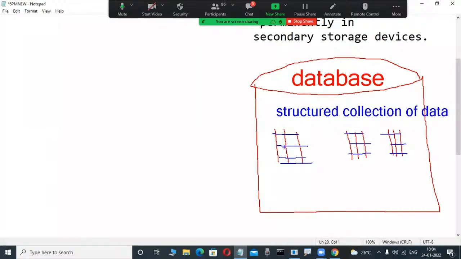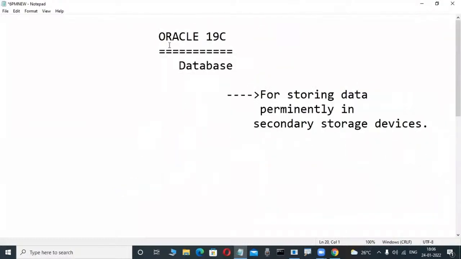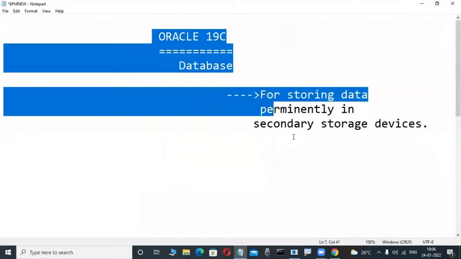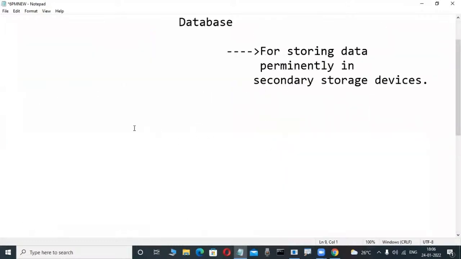Once a structured collection of data is there, for handling and operating this data, which language do we use? Very good. SQL, structured query language. That's why these databases are implemented based on the relational data model. What is that? I will tell you today.